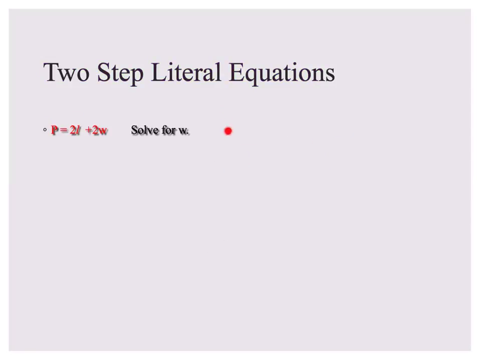And of course, this is our solution. Next, we will solve a two-step equation. This is the formula for the perimeter of a rectangle, and we want to solve for w. That means we need to move everything away from the w.